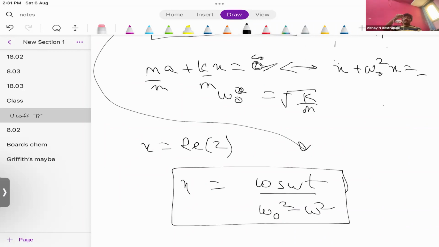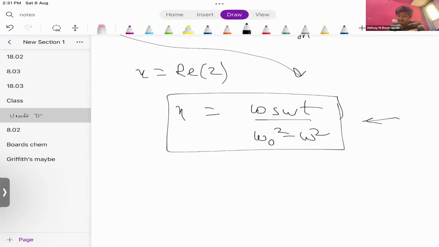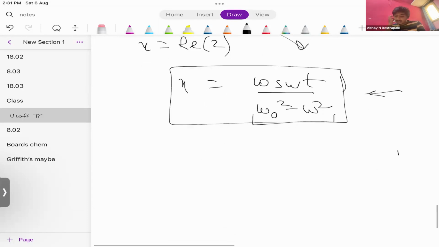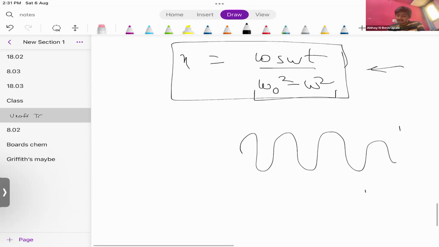This is how x changes with time. If I start moving this pendulum, with my hands moving back and forth with frequency omega, then the solution to the equation will be this, and the pendulum down over here will move according to it. You can think of 1 over omega naught squared minus omega squared as the amplitude. What is cos omega t doing? It's just going back and forth.